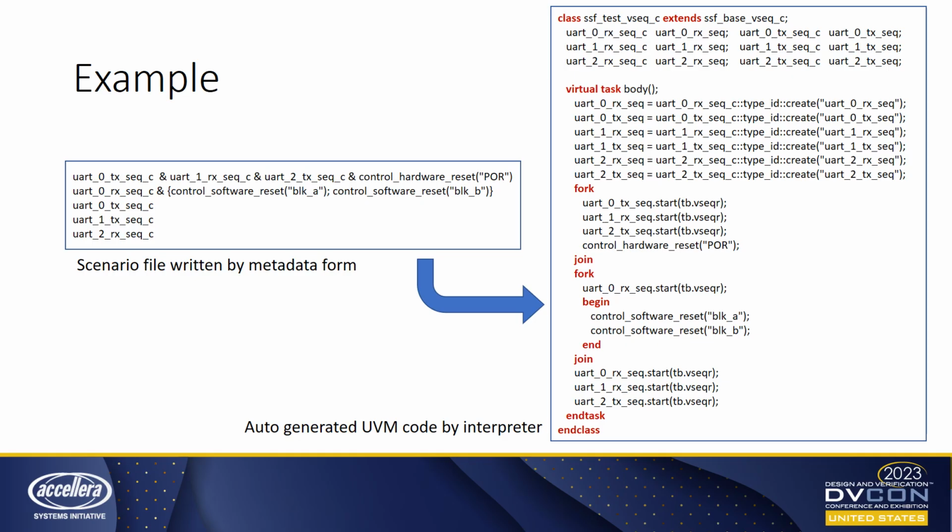Then, serial software reset for block A and block B is operated with the UART 0 RX sequence. Finally, the UARTs are performed in serial order. I can make this scenario using only 5 lines of metadata. It is automatically generated into UVM code through the interpreter.